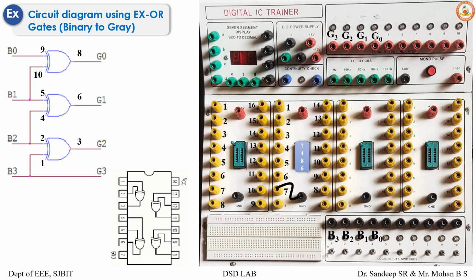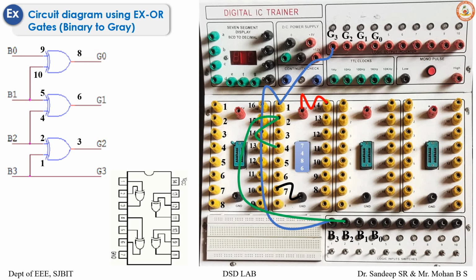So let us do the connections. As shown in the pin diagram, pin 7 is connected to ground and pin 14 is connected to VCC. B3 is connected to pin 1 of the IC and G3 to the output. B2 input is connected to pin number 2 and pin number 4.